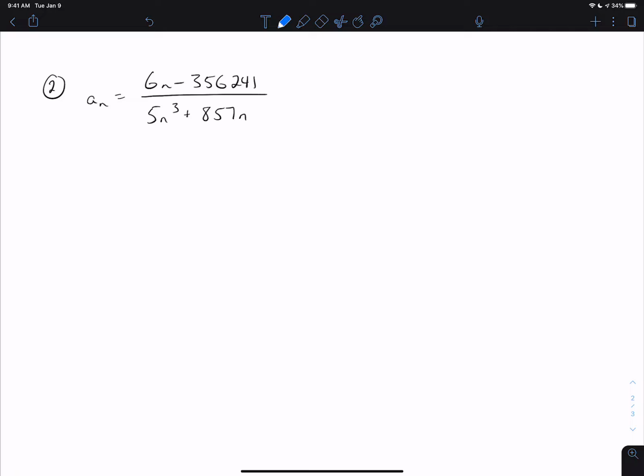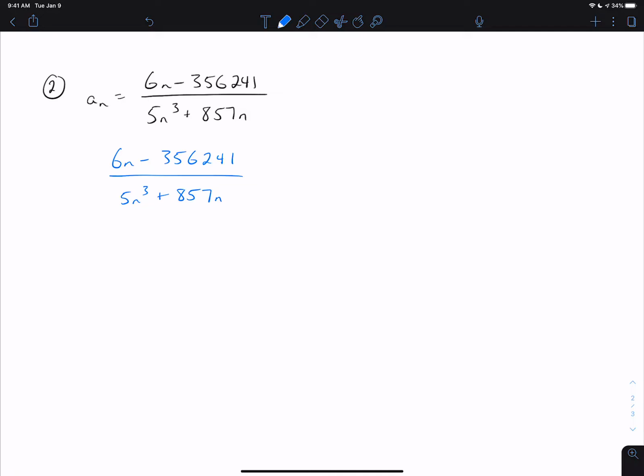Okay, so when we look at this, the top has both power functions, and so we'll accept as fact that 6n is infinitely larger than 356,000, even though 356,241 seems large.